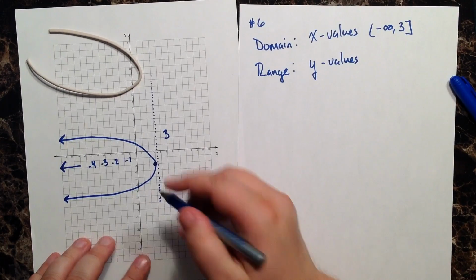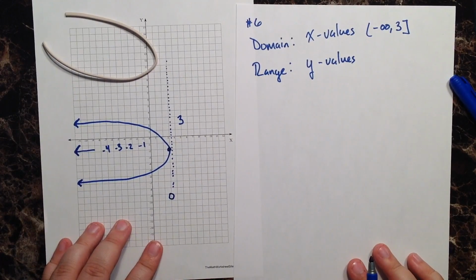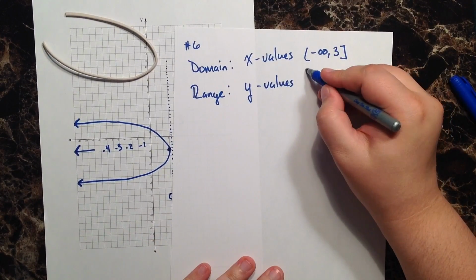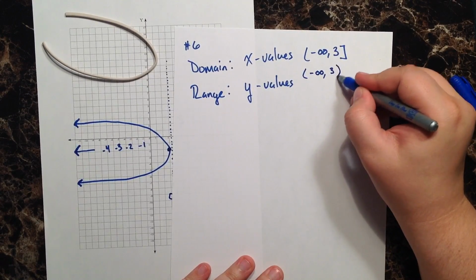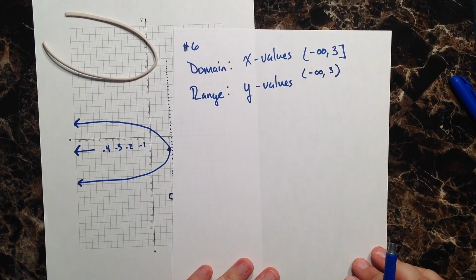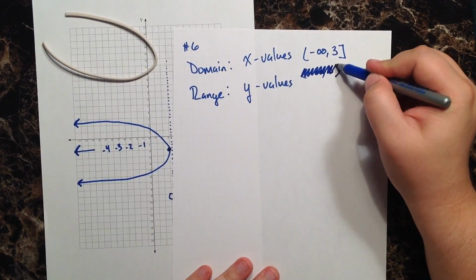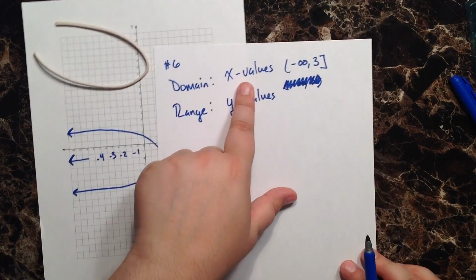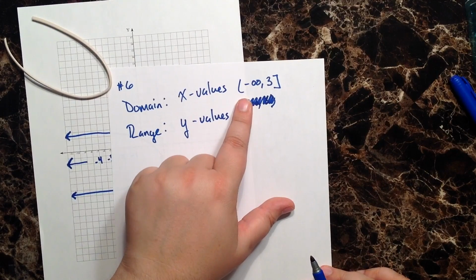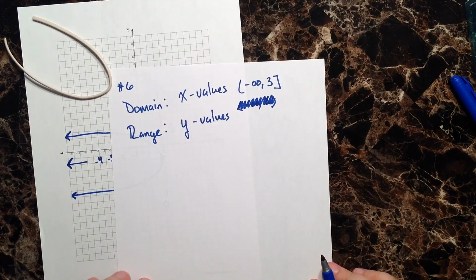If, however, the original graph gave me an open circle at my vertex, then I would say my domain is -infinity to 3, but not including 3. Alright? But we're going to go ahead and cross that out because that's not the case for this graph. So my domain, all my x values, it goes to -infinity and stops at +3.